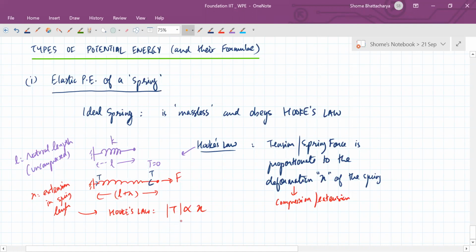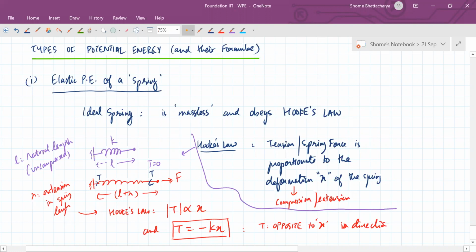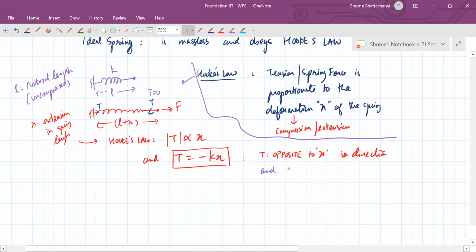And with algebraic sign, it will be given by T = minus kx, where T is opposite to x in direction, and the magnitude of T is proportional to x.